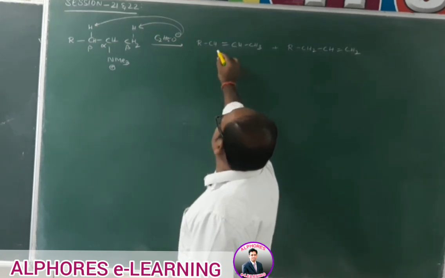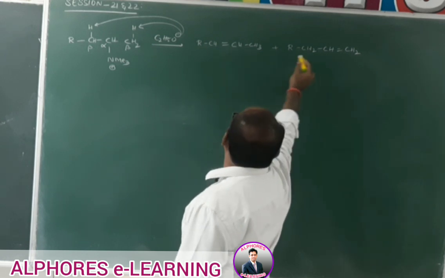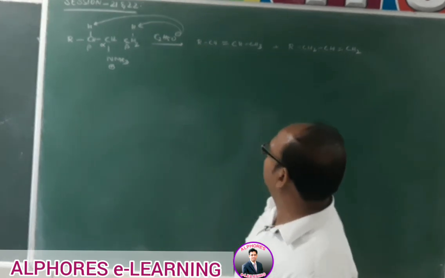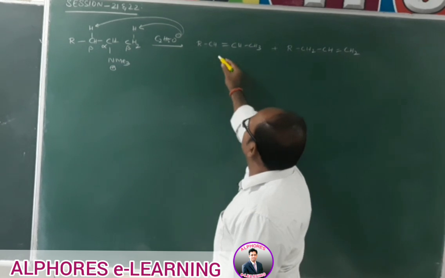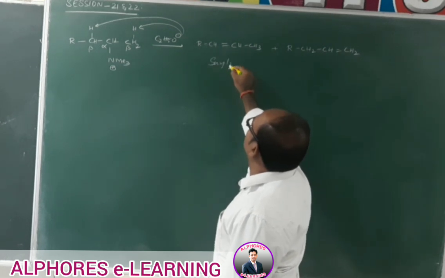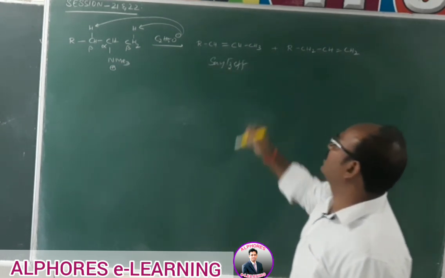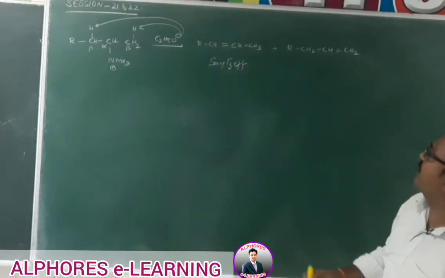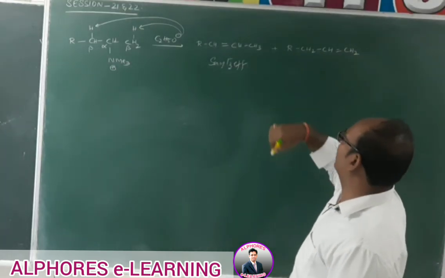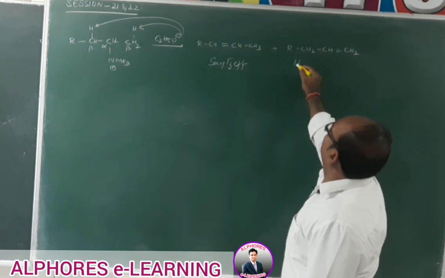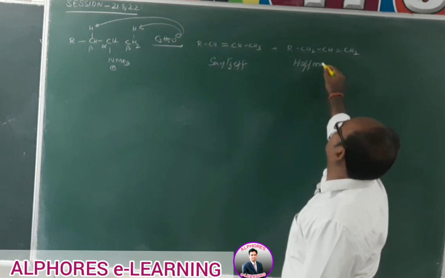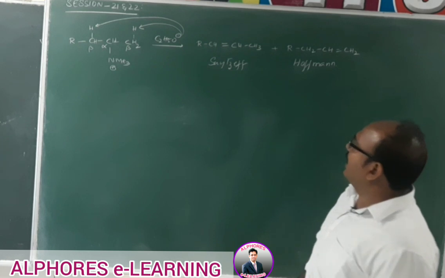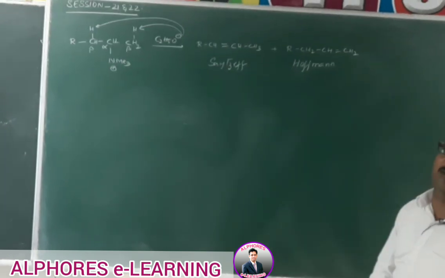So this one is the more substituted alkene, this one is the less substituted alkene. In general, this one is the Saytzeff product, a more substituted product, and that one is a less substituted product. This is what we call the Hofmann product, because in Hofmann elimination we get the less substituted product.